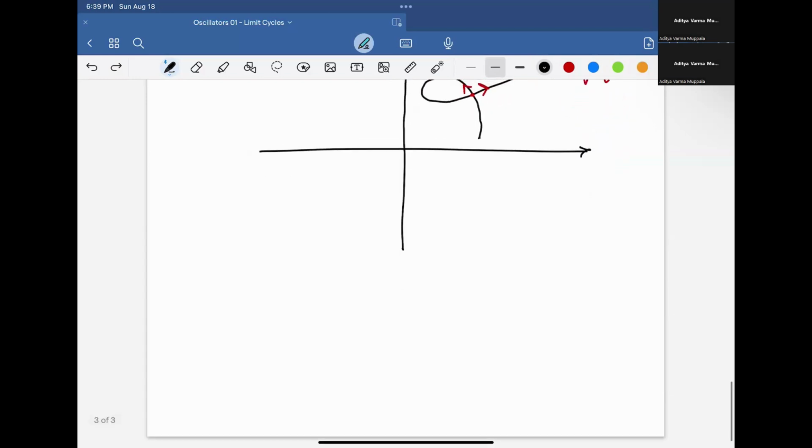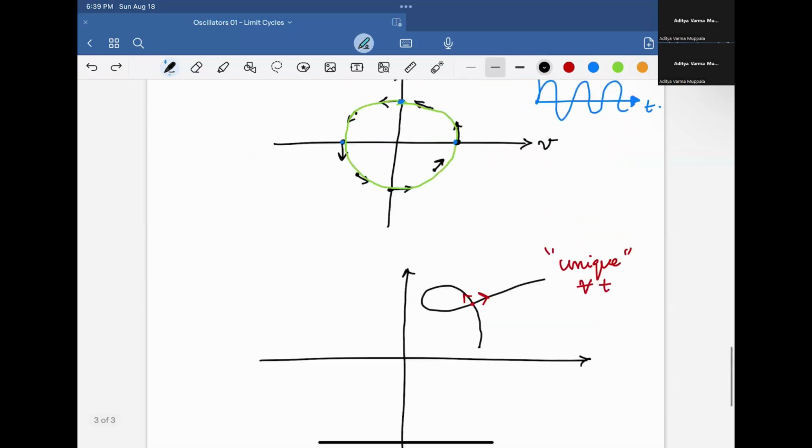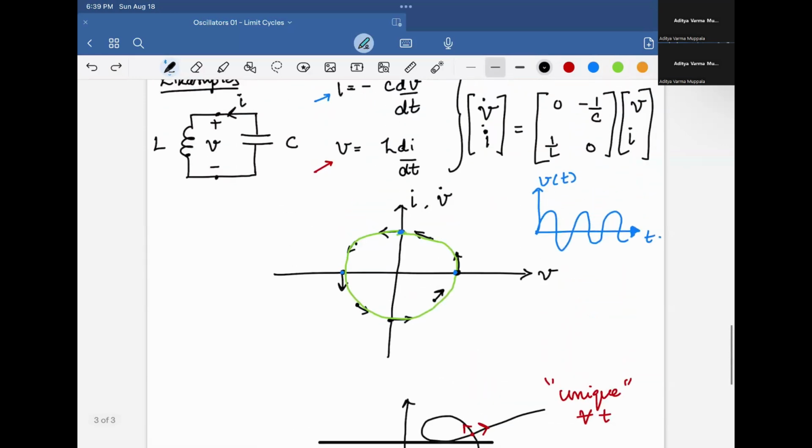All right. So if you go back to this example, what we'll see here is that the value of this voltage and current at these points is defined by how much charge or how much energy exists in the system, right? So if I put more charge on this capacitor, then we know Q equals CV for a cap, so the voltage would be higher, and then it would take this trajectory.